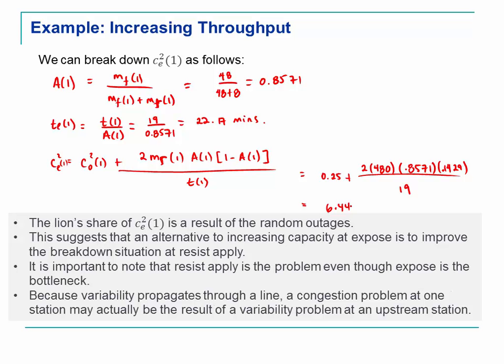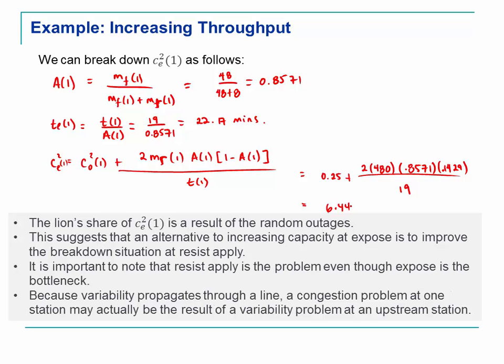So it is saying that we need a 35.5 capacity in order to target that throughput rate. But if we fix the problem at the first machine, we might end up seeing that we don't need to increase the capacity of the second machine, or we need just to increase it, but not as much.